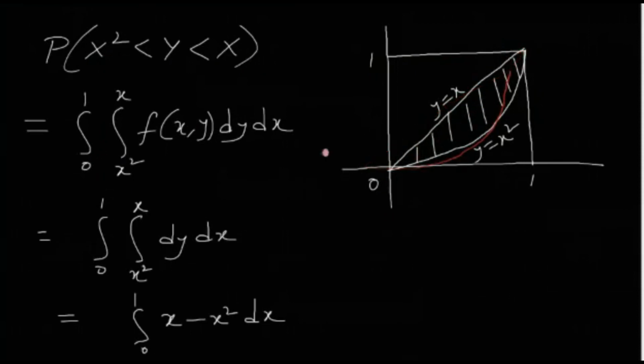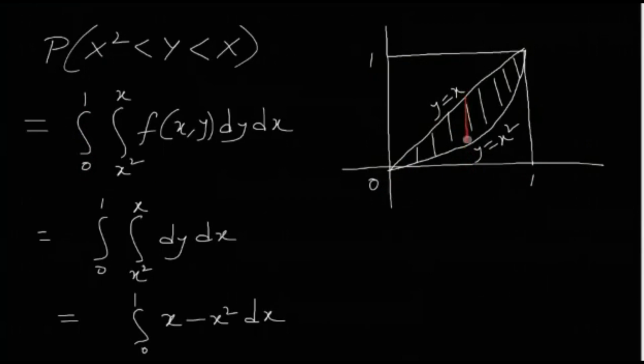Now how do we find that? We first fix the x coordinate, with x running from 0 to 1, and then for each value of x, y runs from x squared to x, right? Suppose x is this value, then y runs from this value to this value, confined within these two curves.